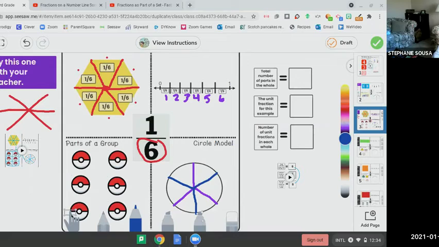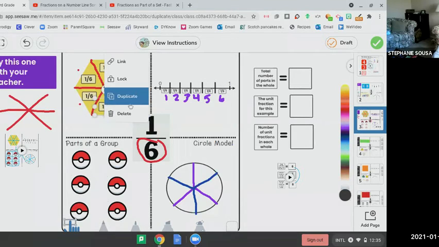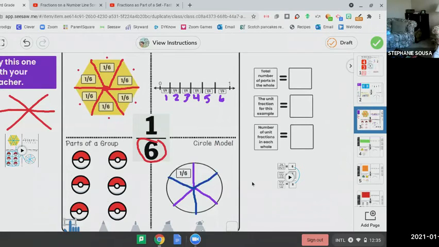Okay, so now we have 6 pieces. And again, I'm going to work smarter, not harder. I'm going to grab that 1/6 that I already created, and I'm going to duplicate it. Boom. And I'm going to label each part as 1/6.